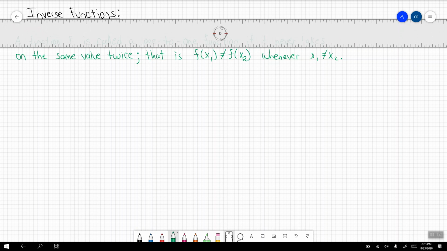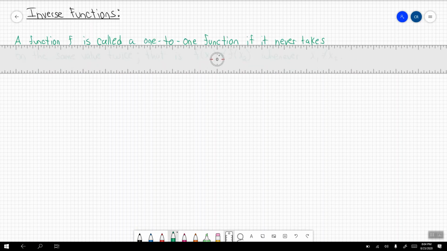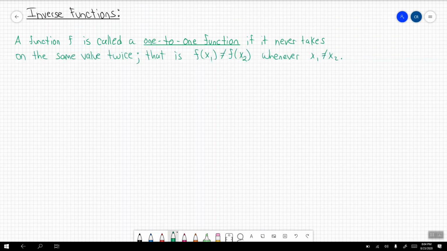The reason we want to highlight one-to-one functions is that this gives us a method, or more along the lines of a definition, for extracting what an inverse function will look like. Using this definition leads us into what is known as the horizontal line test.